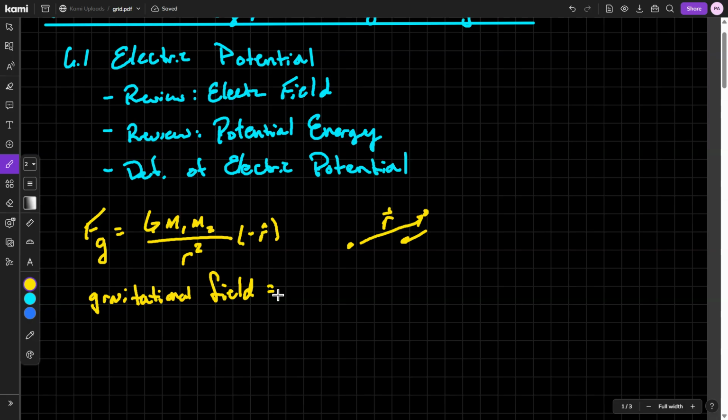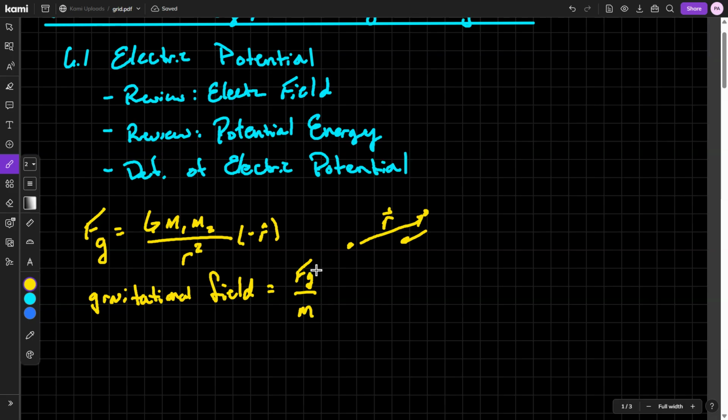All that means is that the force of gravity from that object divided by your mass is the field strength at that point.